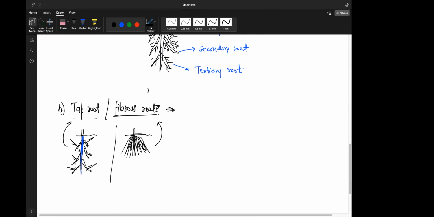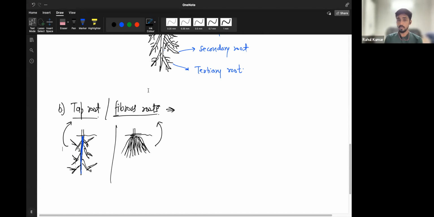Okay, so write down: in taproots, when the primary root is present throughout, along with its branches, in a plant's root system, then it is known as taproot.